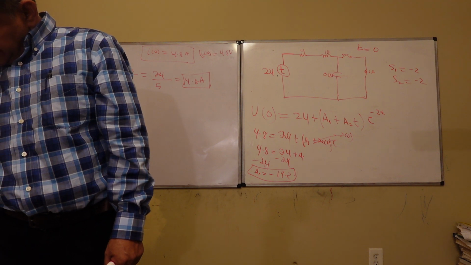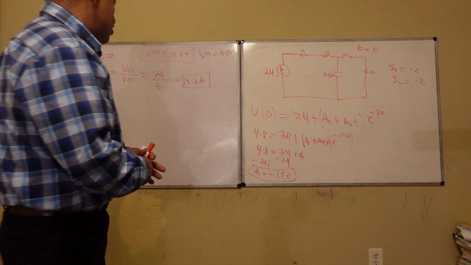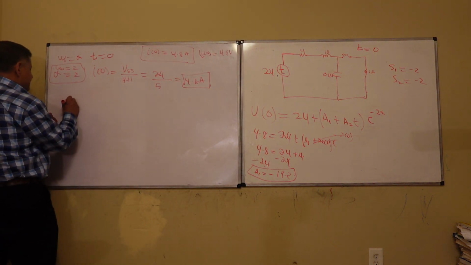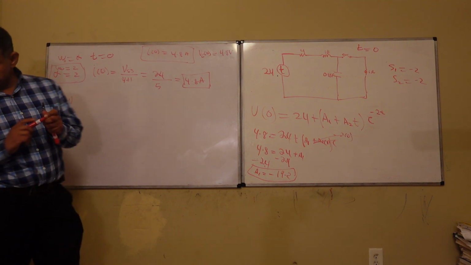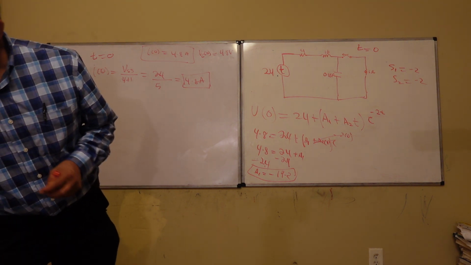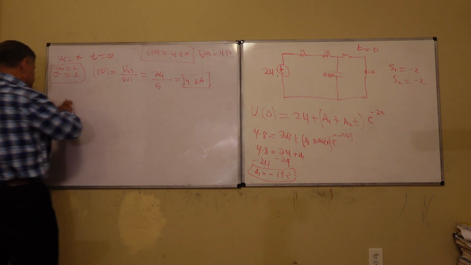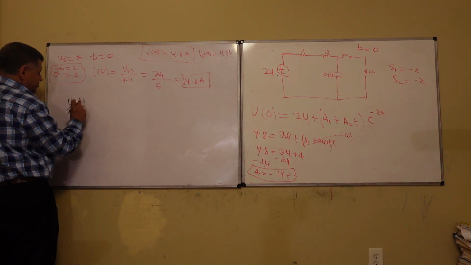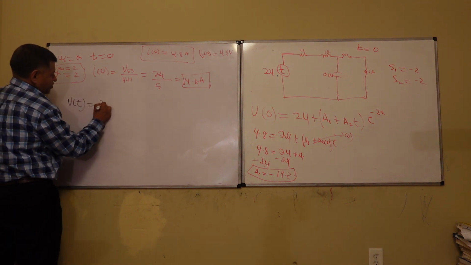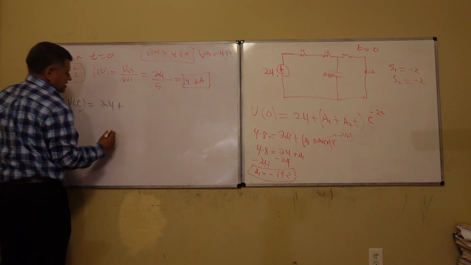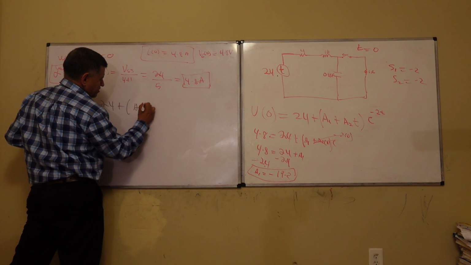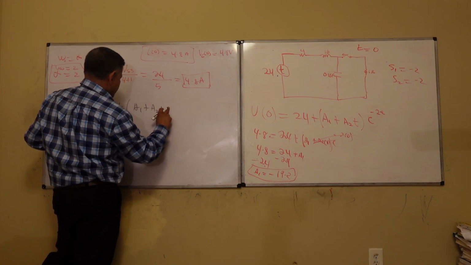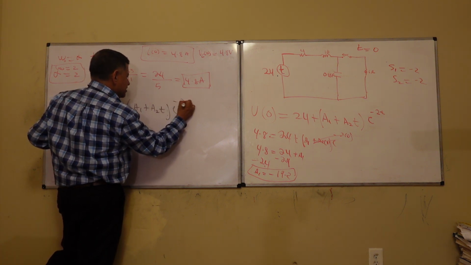So when we take the derivative of that, because you know that v of t is equal to this, so it's equal to 24 volts plus A1 plus A2 t, e to the -2t.